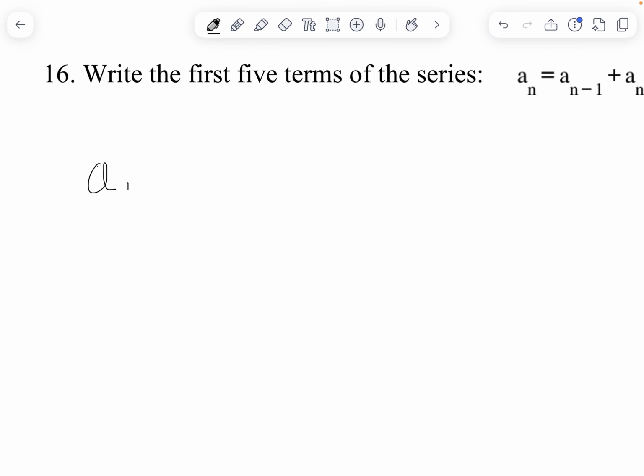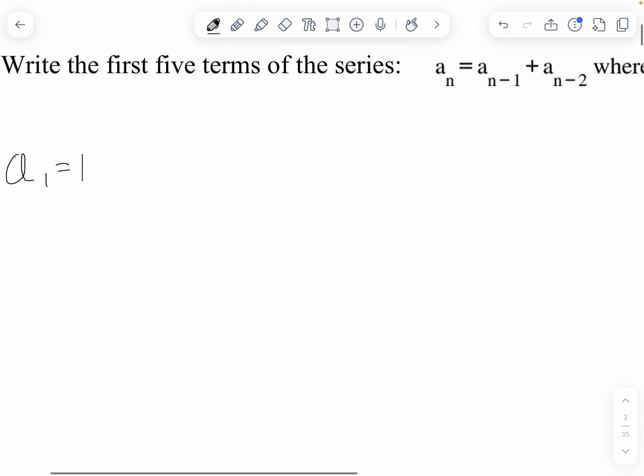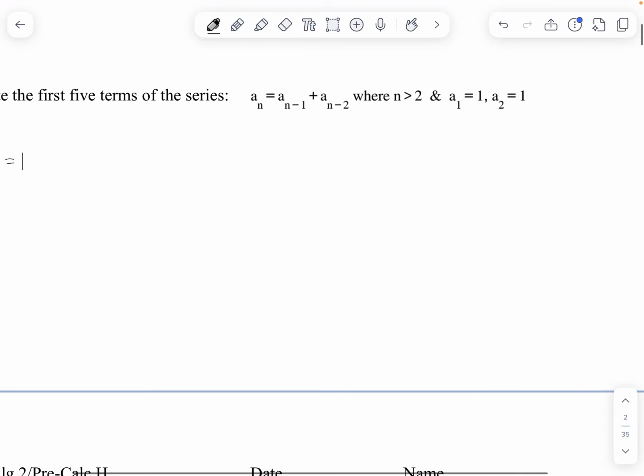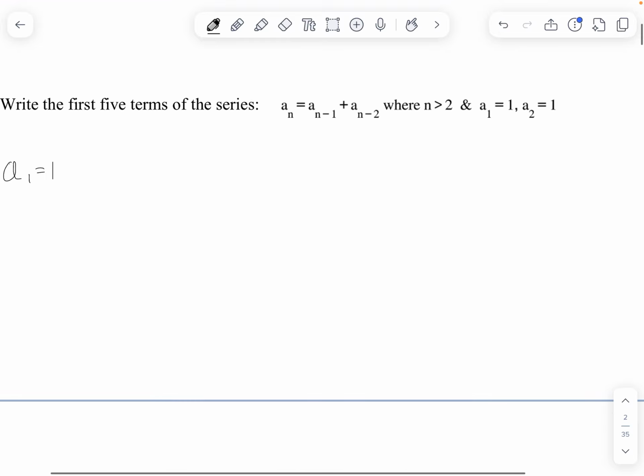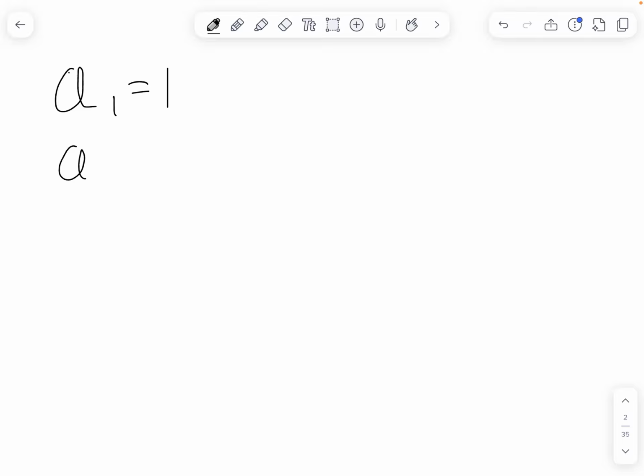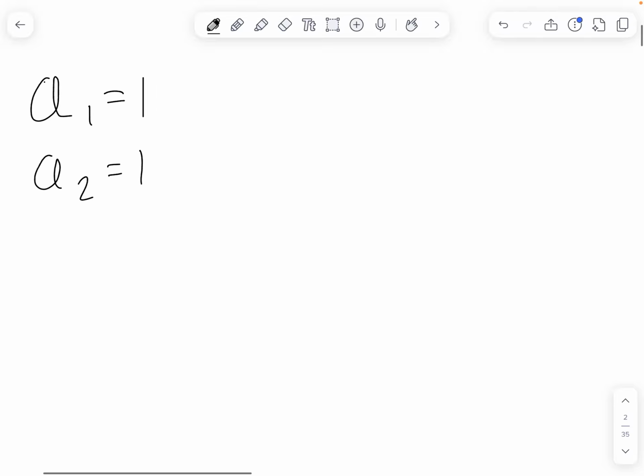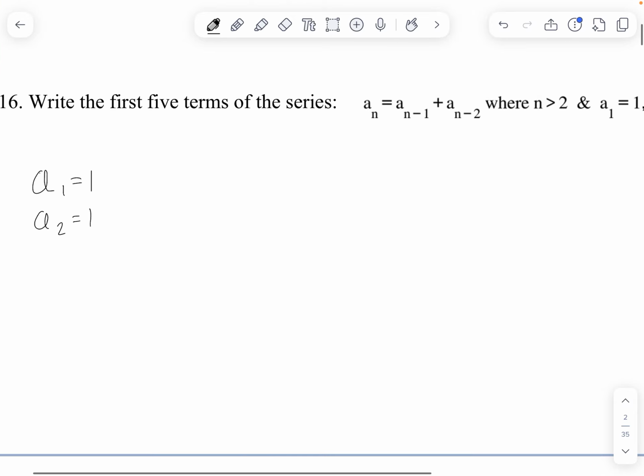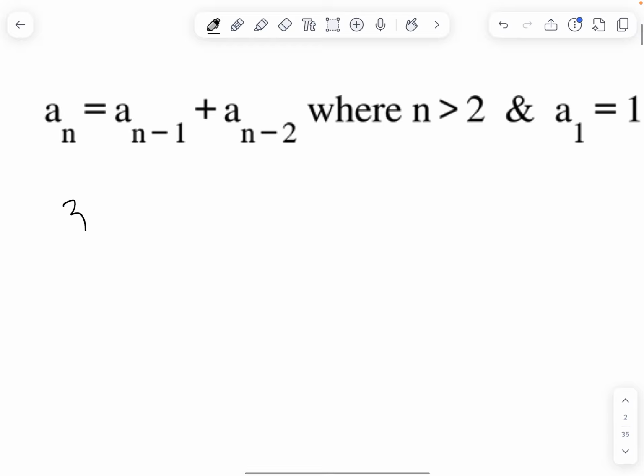A1 is equal to 1. And A2 is equal to 1. Right? So now we just have to find the value of 3. So let's plug it in.